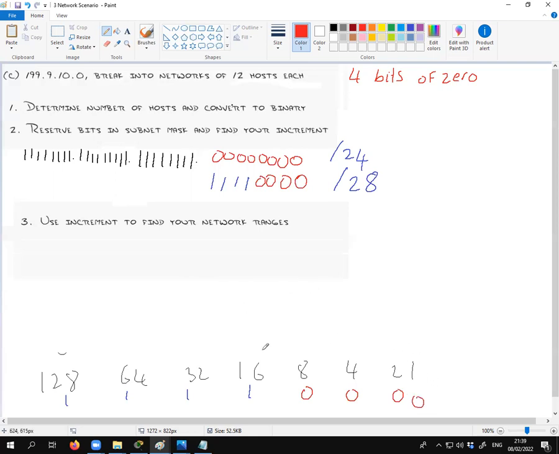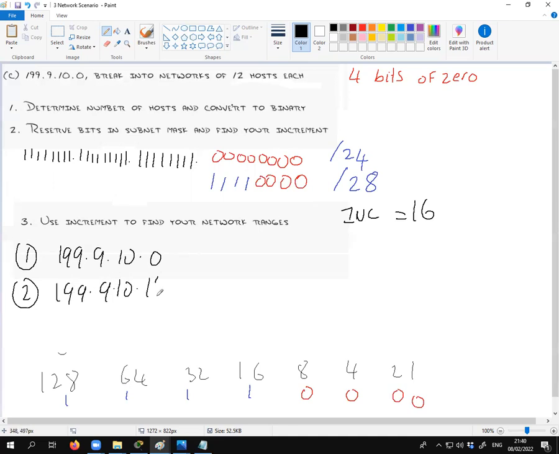So our increment value is going to be 16. That tells us our new subnet is going to increment in the value of 16. So you can say network number 1 is 199.9.10.0. Network number 2 is 199.9.10.16.